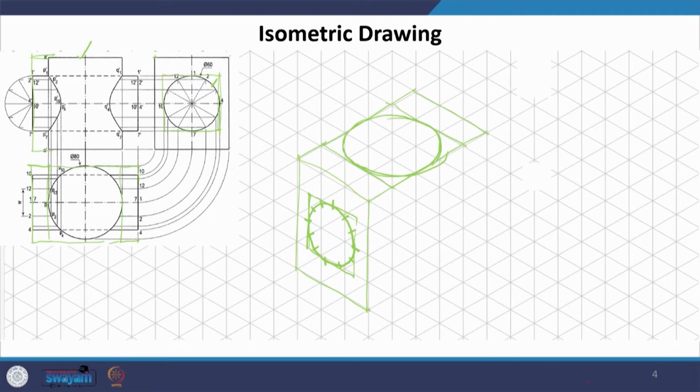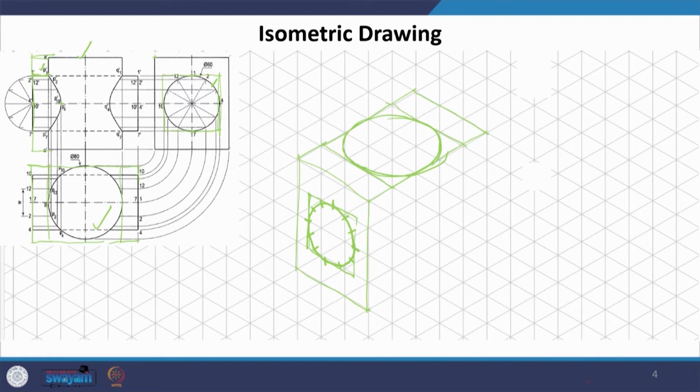Now, how much is the distance and where this is going to come, where it intersects this vertical cylinder, is what we will ascertain now. Look at this, this is 1 and this is 7. So, 1 is this, so this is where this P1 is going to come.